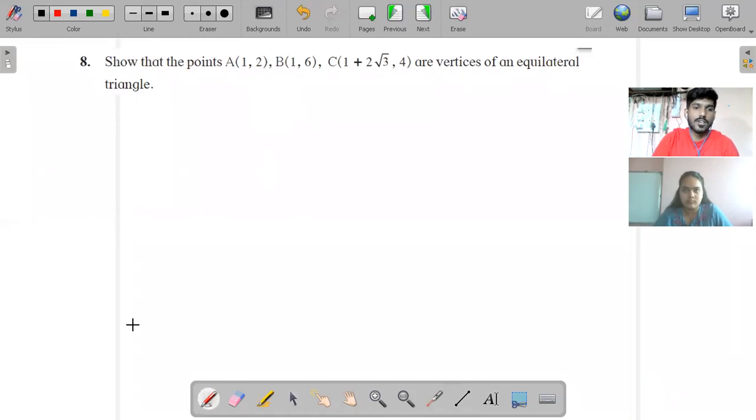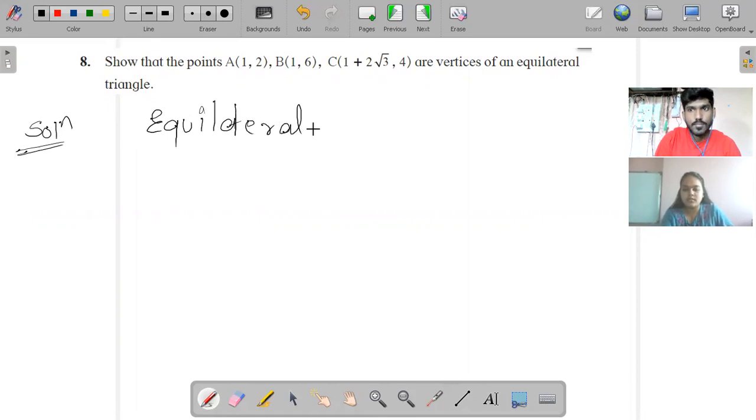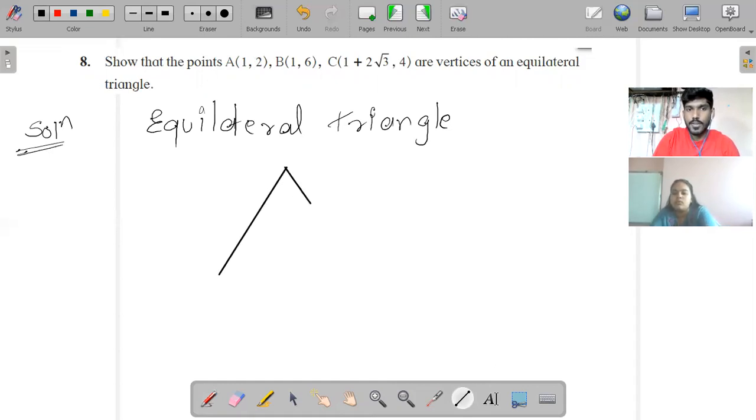Before starting with the sum, first let's understand, or if you already know, what is an equilateral triangle? A triangle which has all sides equal, and to be more specific, all angles as well.